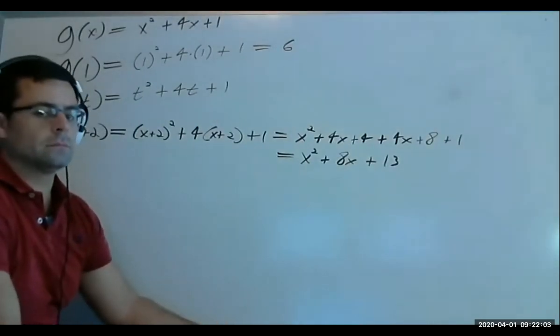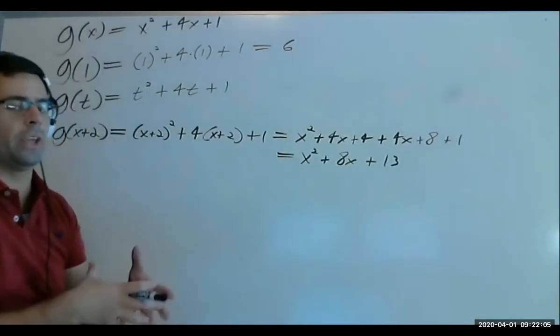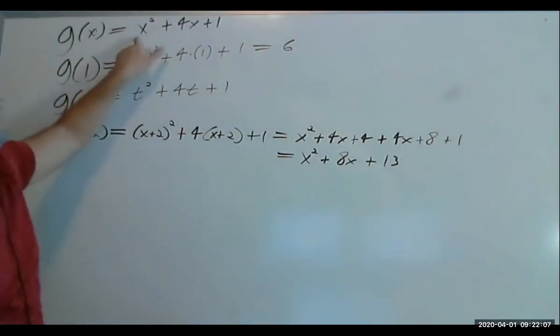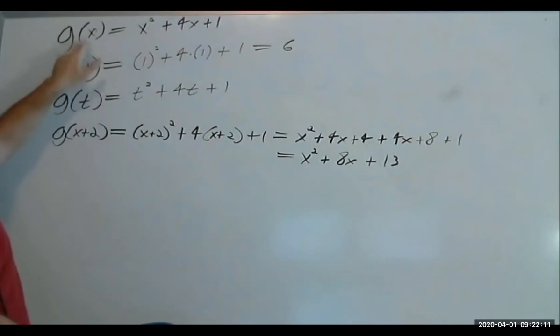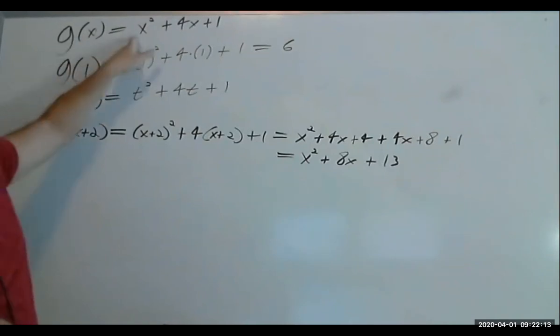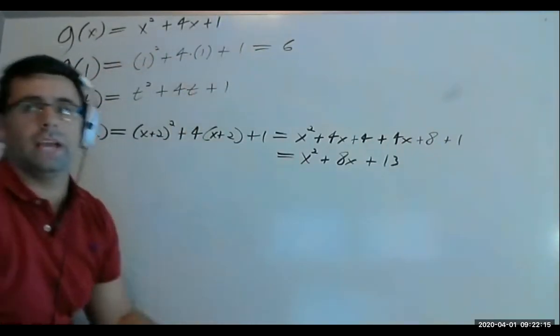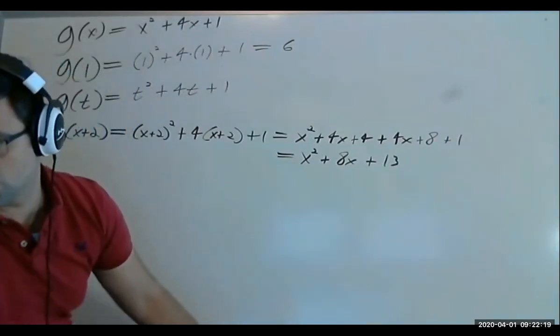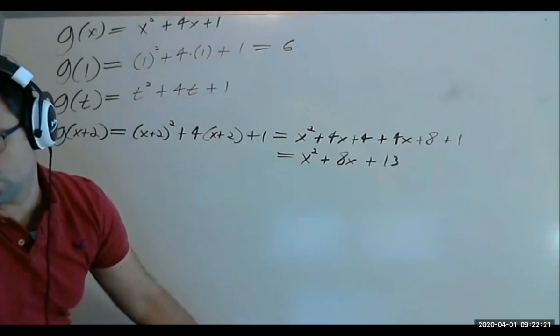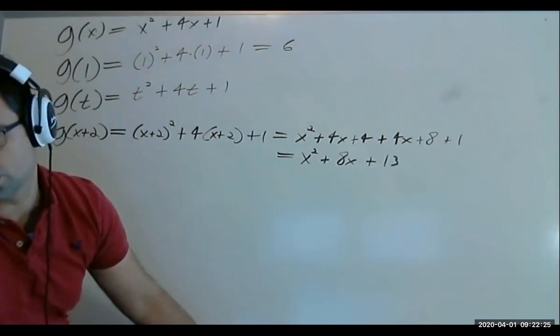G takes any random thing, x, and it does this to it. So in the future, anything you put in there, this stuff will all happen to it.